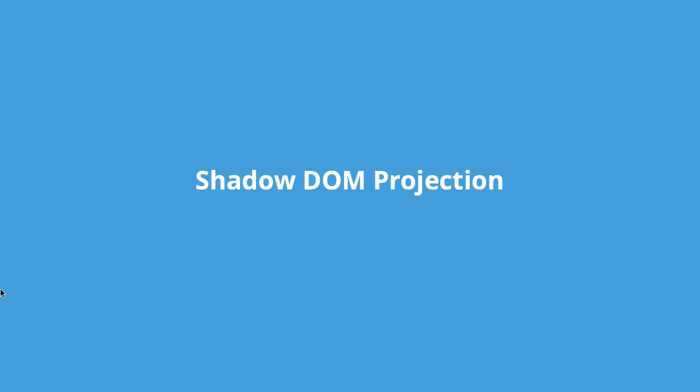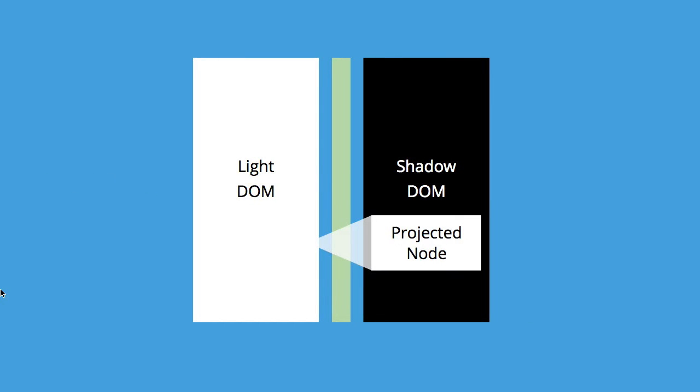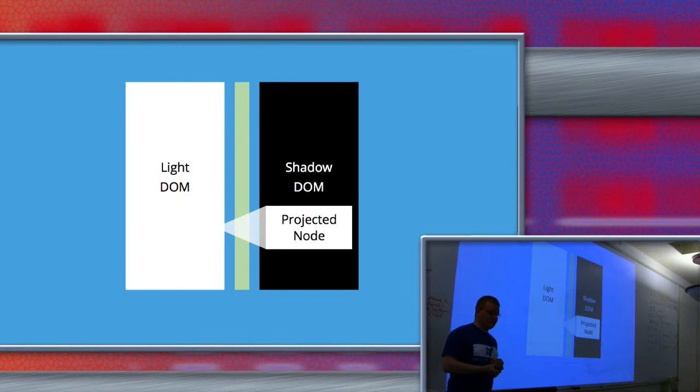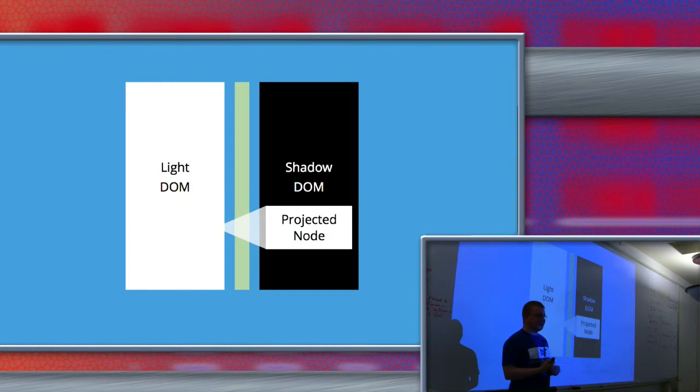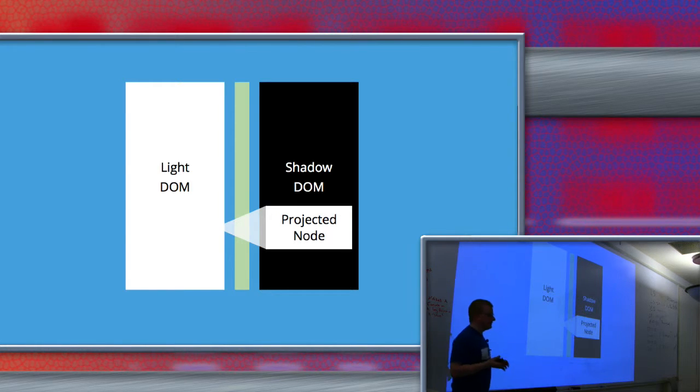Now we're going to talk about shadow DOM projection. With shadow DOM projection, what it means is that we can take a node from the light DOM and project it into the shadow DOM. This is that content element that we've been seeing so far. And the important piece here is that this node is still in the light DOM.